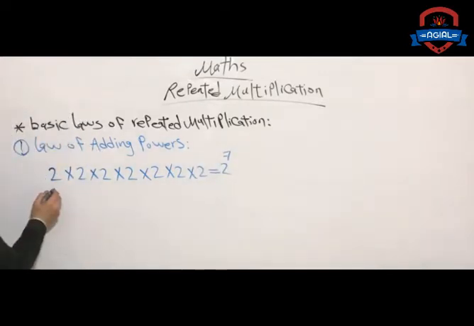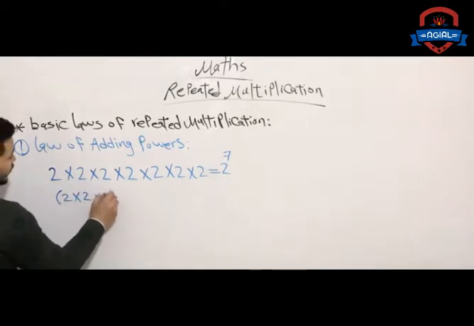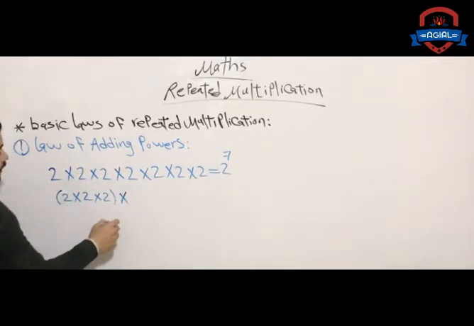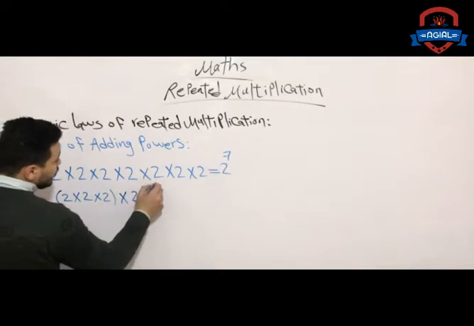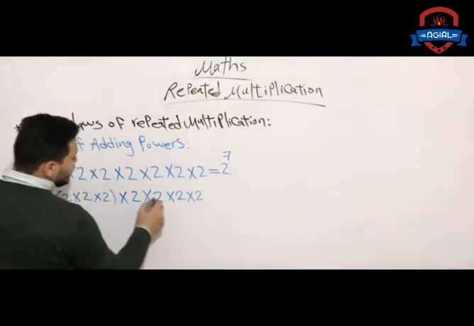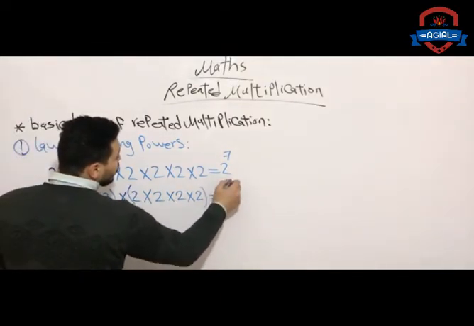And we can put 2 times 2 times 2 inside brackets, times 2 times 2 times 2 times 2 inside brackets, which equals 2 to the power of 7.